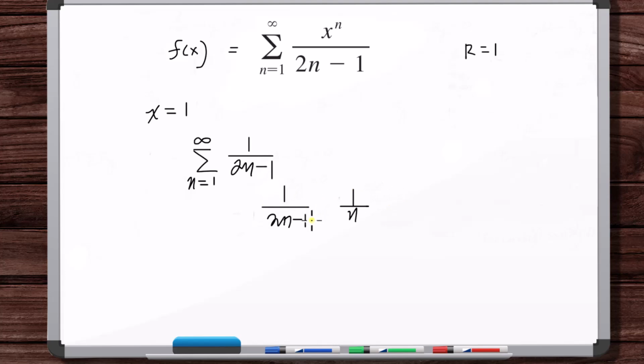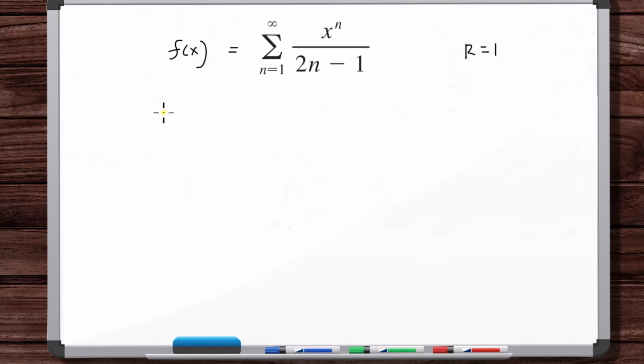Well, this is, well, 1 over 2n. Let's do that. This is always greater, right? Because this is smaller. This is divergent, but this is always smaller, so this is divergent. So x is equal to 1, it's divergent.